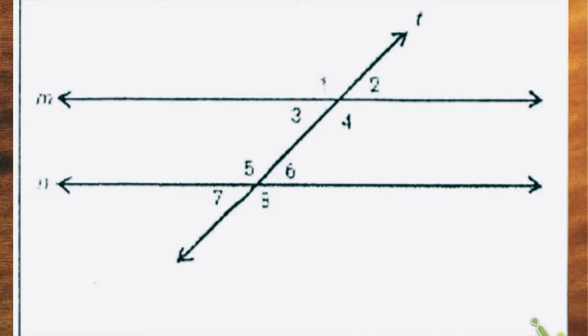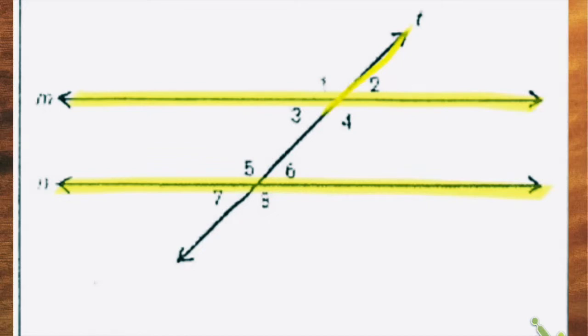So the first kind of transversal pairs that I'm going to point out are corresponding angles. Corresponding angles are in the same relative place. So what you need to realize first is that we have the two parallel lines, and then those parallel lines are cut by the transversal.